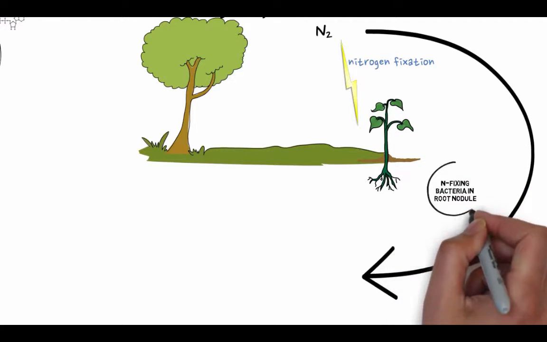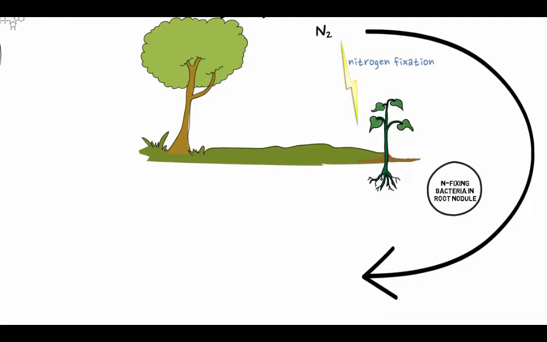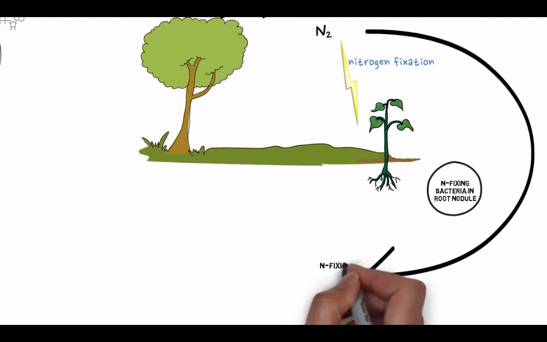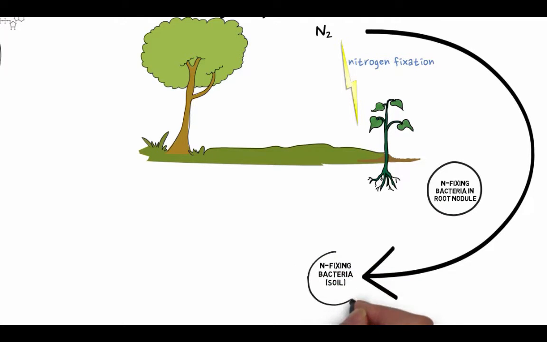These bacteria are also found free-living in the soil as well. When conditions are right, nitrogen-fixing bacteria convert nitrogen gas into ammonium, which is NH4+.